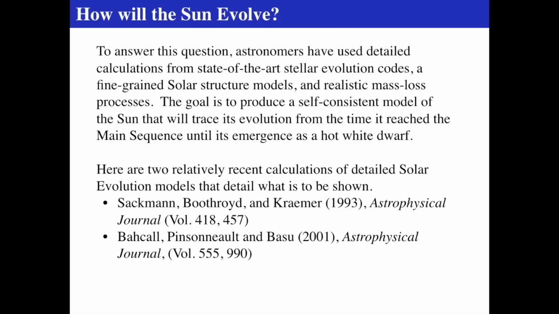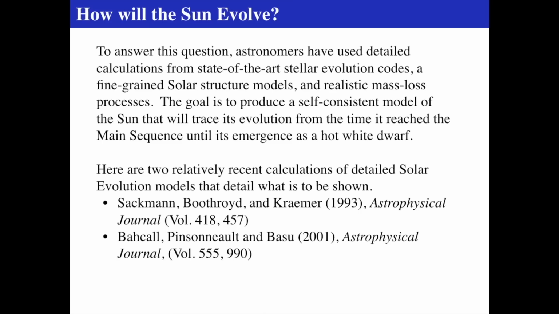So how does the Sun evolve? Researchers using computer codes create models using those equations that I showed you in a previous lecture for stellar interiors, the equations of hydrostatic equilibrium and the equations of stellar structure.